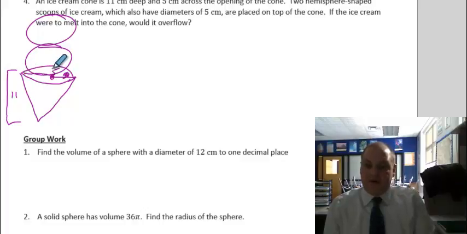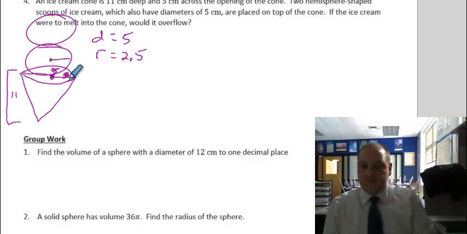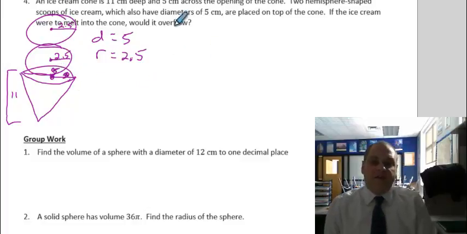Therefore, radius is 2.5. Radius is half of the diameter, halfway across. It's the same radius for the spheres, all right? I know I drew circles, but just pretend they're spheres. I'm not good at drawing spheres. All right, so 2.5 for the radius.